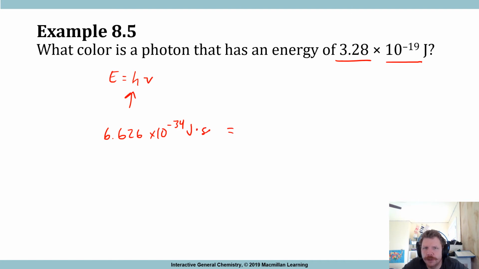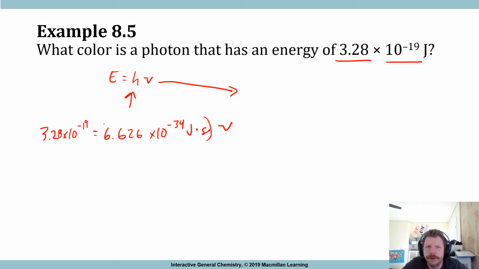That is our h. Our frequency, we don't know yet. But do we know the energy? Yes, we do: 3.28 times 10 to the negative 19th.